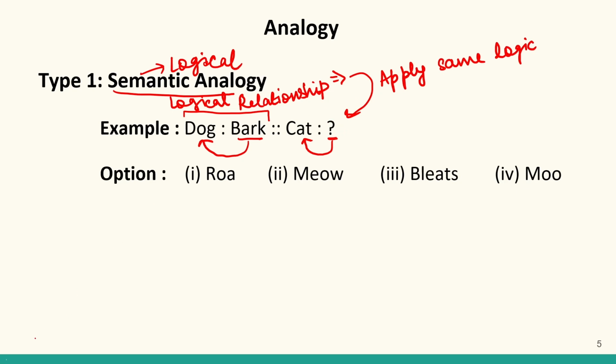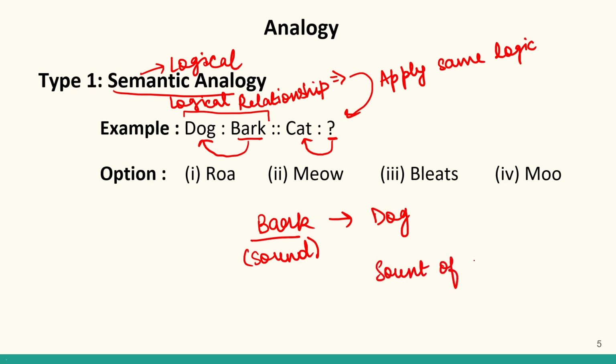Over here, if we look at this question, bark is related to dog. How? Basically, bark is the sound of the animal. So what sound does dog make? It is bark. So similarly, to find the relationship between cat and the missing term, we have to find the sound of cat.